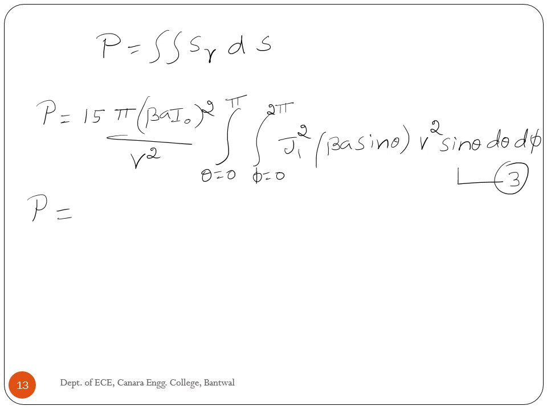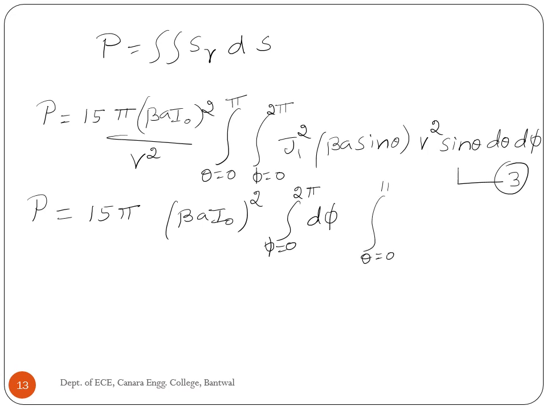Therefore, radiated power P is equal to 15π βa I naught square into integration of φ from 0 to 2π dφ and θ from 0 to π integration of J1 square of (βa sin θ) into sin θ dθ.